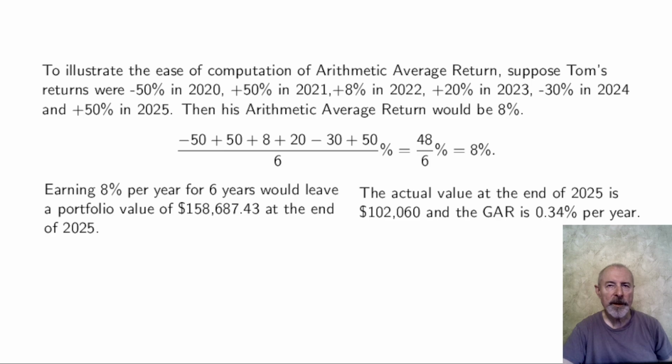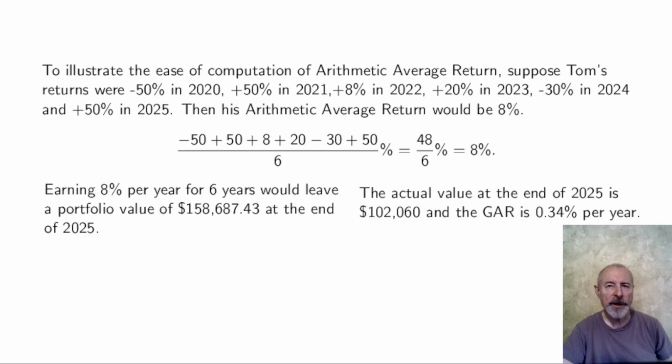In order to illustrate the ease of computation of arithmetic average return, suppose his returns were minus 50% in 2020, plus 50% in 2021, plus 8% in 2022, plus 20% in 2023, minus 30% in 2024, and plus 50% in 2025. His AAR would be 8%.